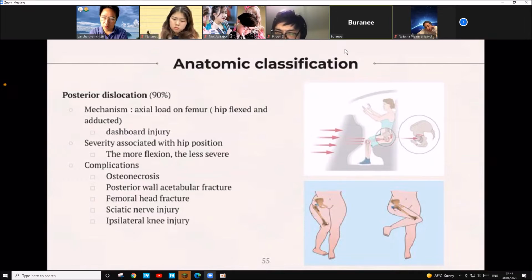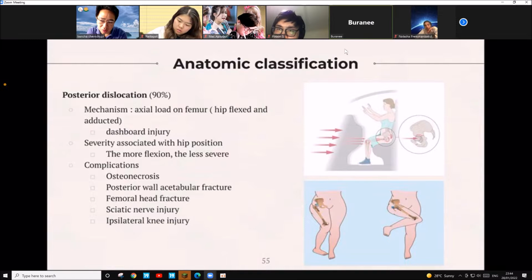Okay, so keep in mind, if you are going to have the dashboard injury, like you drive the car and it's going to hit something, please flex the hip, deep flexion and adduction. If you abduct the hip and you didn't flex enough, you have acetabular fracture.